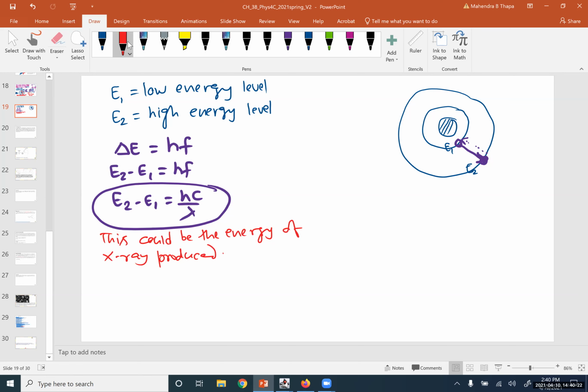Okay, so in our case, we can use the same equation that we used before.